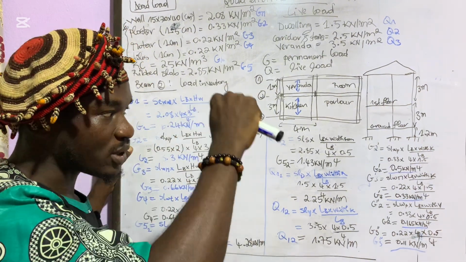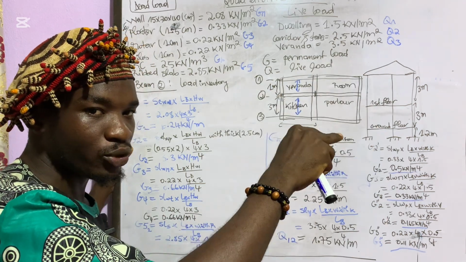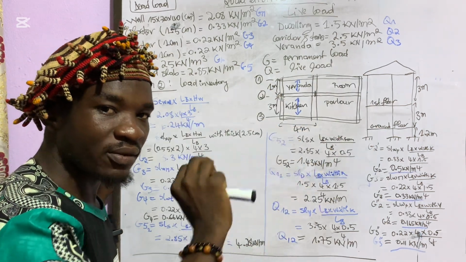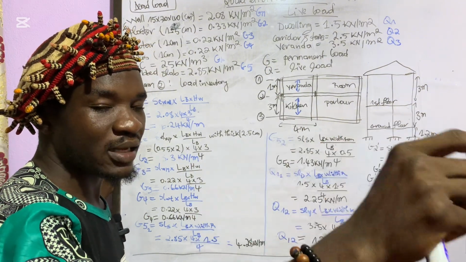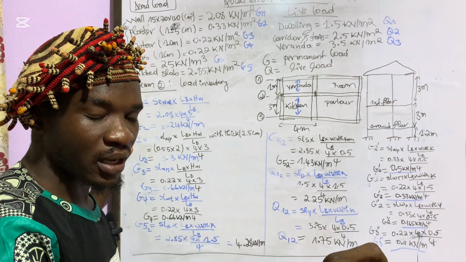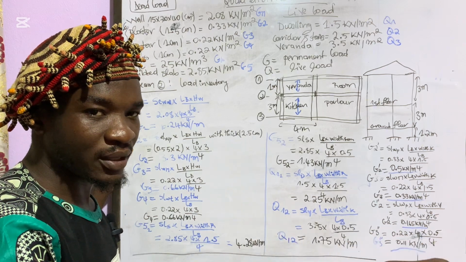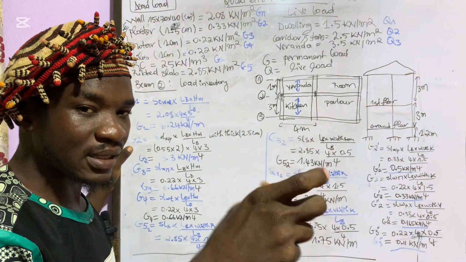You put the self weight of the wall, mortar, plaster, and tiles if there are tiles on the wall, and then you do the same for the slab. If your slab has plaster, you mention the self weight of your plaster, the load applied by the tiles on your plaster if they have it, or even the staff.